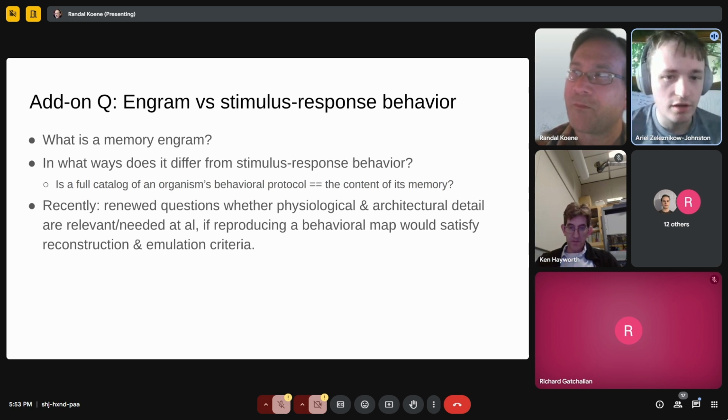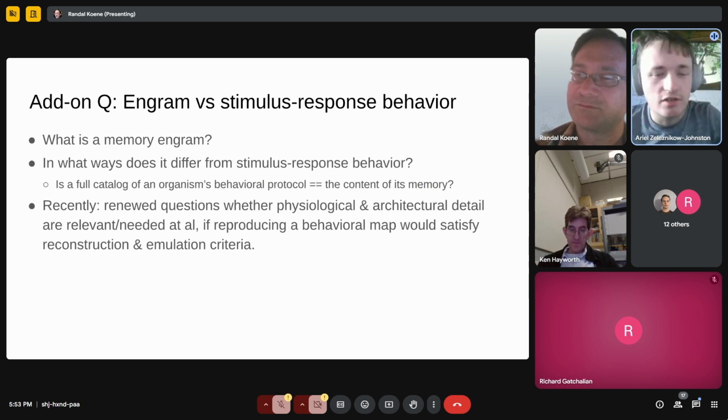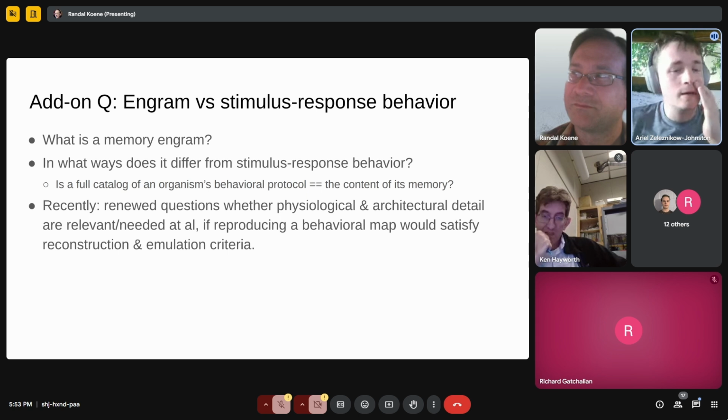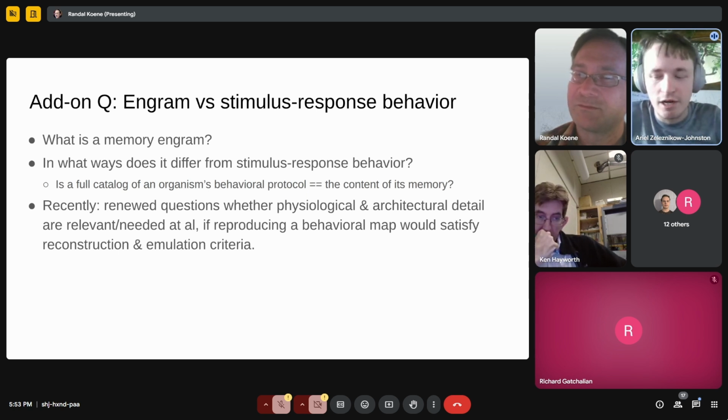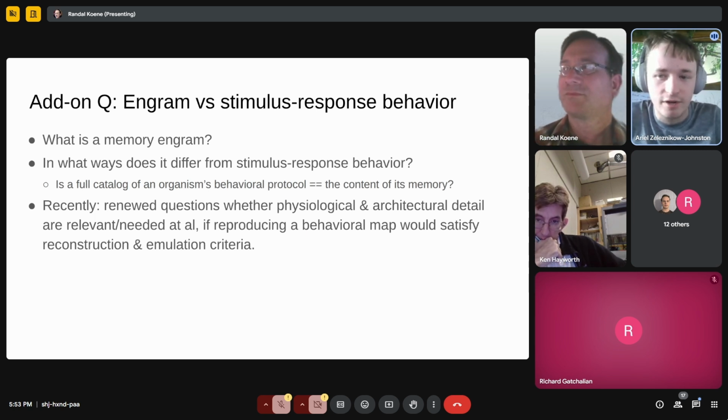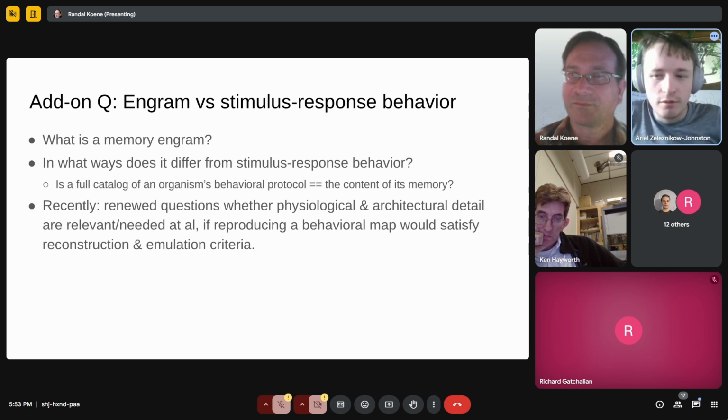What I don't think I understand is how that's related to what a memory engram is, insofar as a memory engram is the substrate of a particular memory that we're normally trying to identify. You look at some animal and you can see that it's experienced one particular sort of experience versus another, based on having this particular neurophysiological substrate versus another. They seem like two different questions to me.